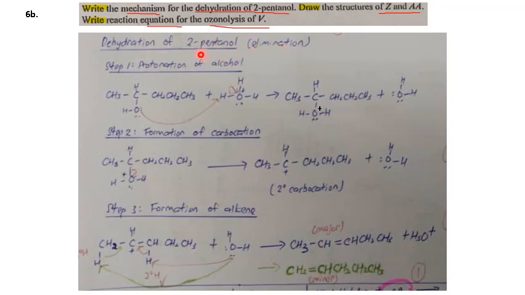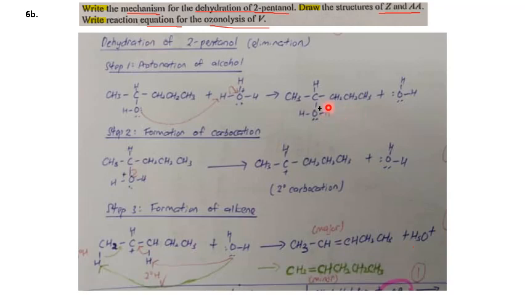So step 1, the name is protonation of alcohol. This is the addition of H3O+ ion from the acid to the hydroxyl group. Taking the H atom, it becomes a protonated alcohol.